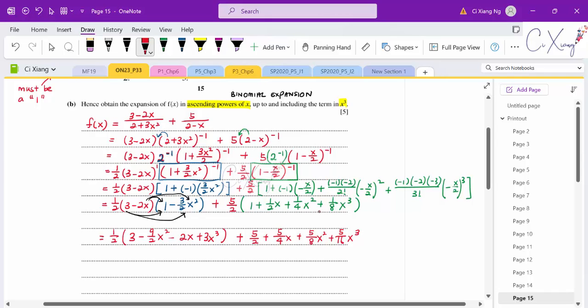Then next term, we are going to multiply in all the half into the first bracket. If you multiply in the half, you're having 3 over 2, 9 over 4 x squared, then x, then 3 over 2 x cubed.